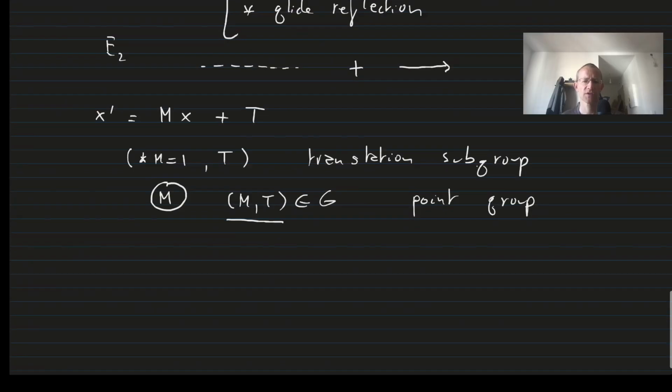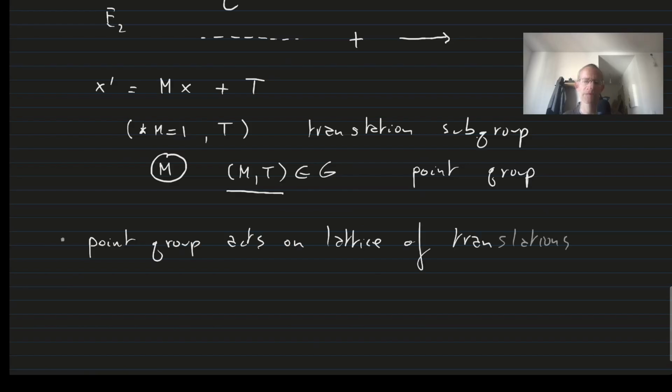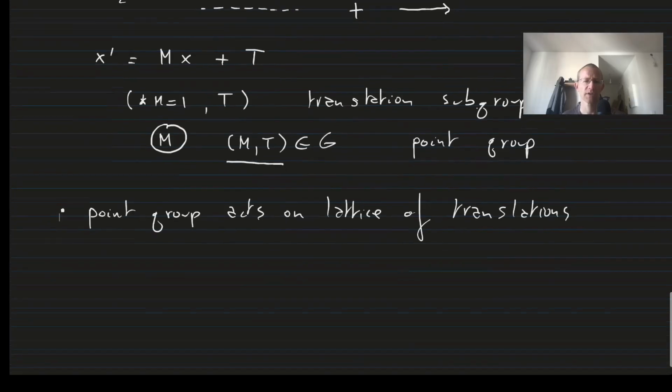Now it is nevertheless true that the point group acts on the lattice of translations. This is intuitive yet non-trivial. So the rotations, for instance, that occur in the point group should leave the lattice of translations invariant. So this has strong implications.